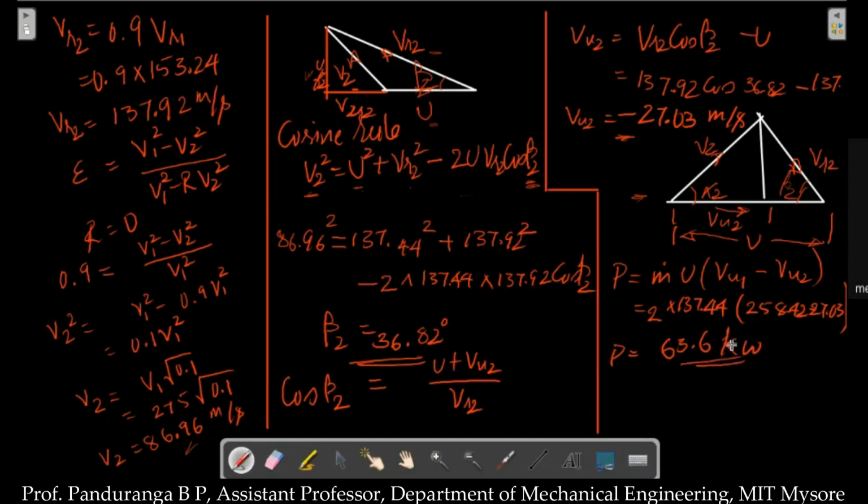Now we need to find out the axial thrust. FA will be equal to m dot into VF1 minus VF2.